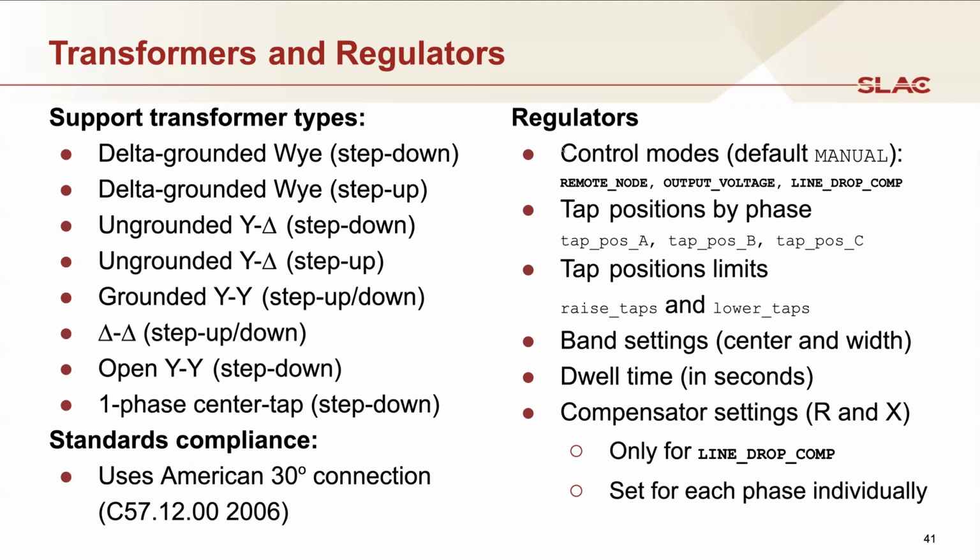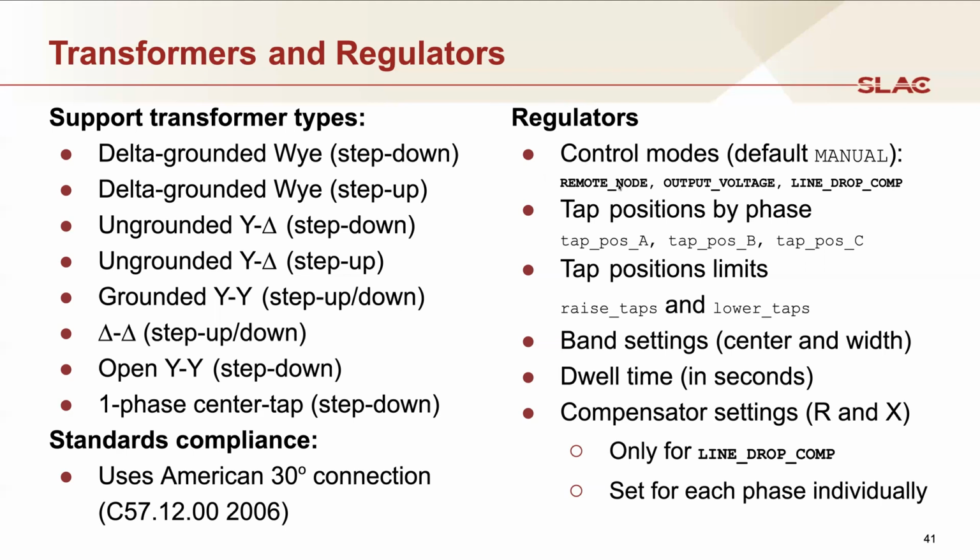And then for regulators, they're essentially the same as transformers, but they have different control modes. The default mode is manual. So there are 3 control modes. One is a remote node, where you're essentially monitoring another node in the network.